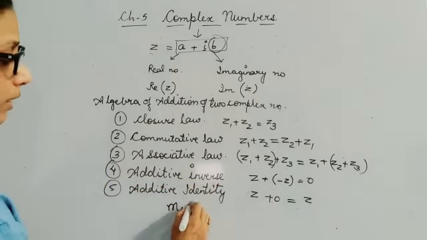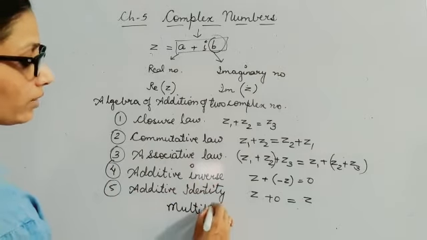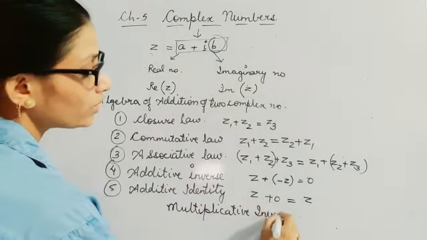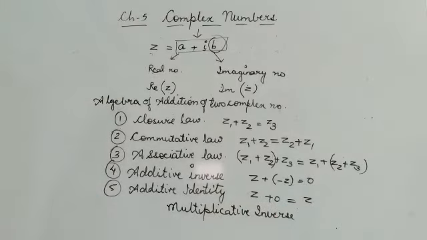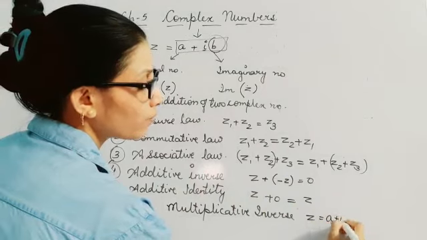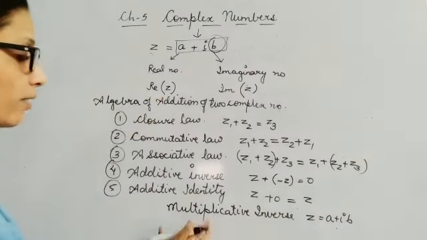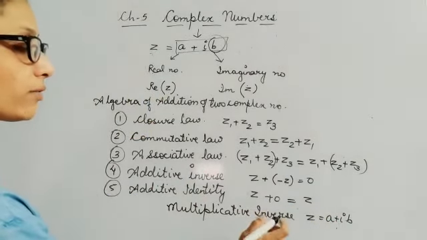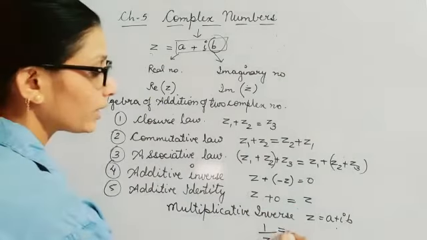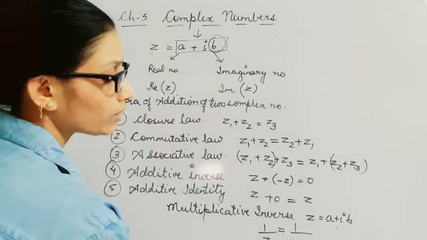When we talk about the multiplicative inverse, we need to take the reciprocal of the given complex number. Let's suppose z is given to you as a plus iota b. Then if you are finding the multiplicative inverse, you will take it as 1 by z, or simply I can write it as 1 upon a plus iota b.